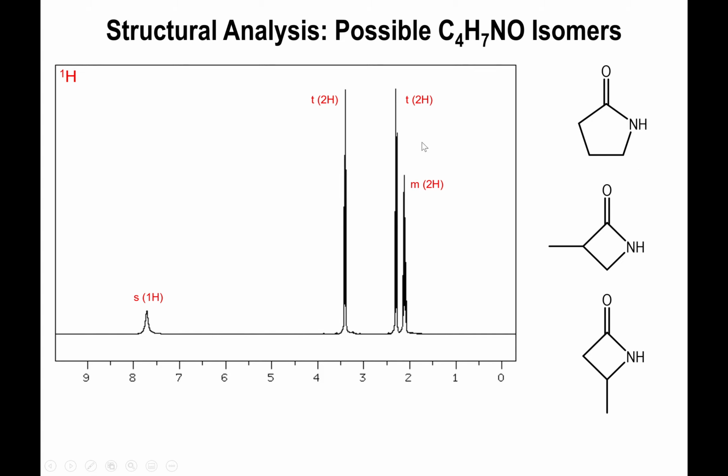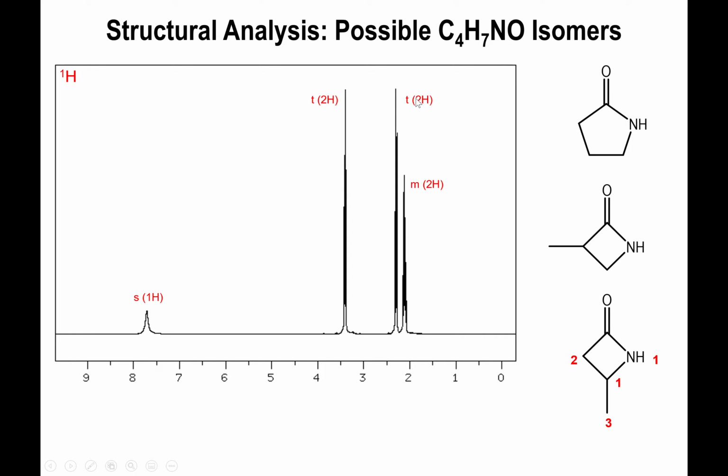All right, but what about the other peaks? Well, you have a triplet that integrates to 2 H's, another triplet that integrates to 2 H's, and then you have a multiplet that also integrates to 2 H's. Okay, so let's take a look at the possibilities. All right, so we know that this carbon only contains 1 H, this one contains 3 H's, and this contains 2 H's. Well, right out of the gate, this doesn't work because we know that the 3 peaks here have to have 2 hydrogens each.